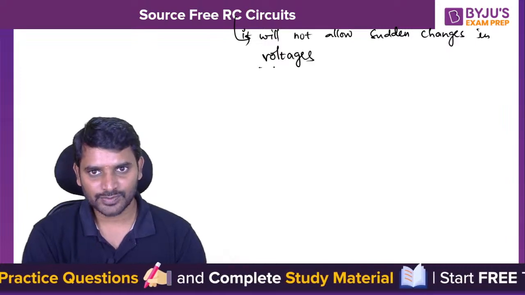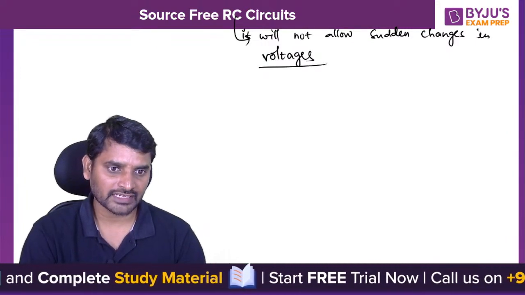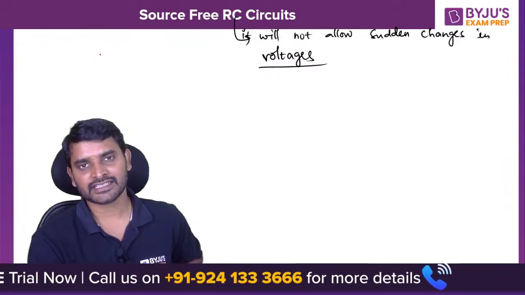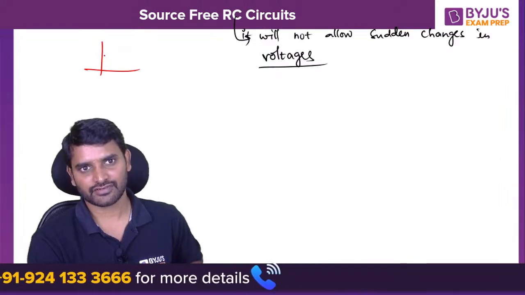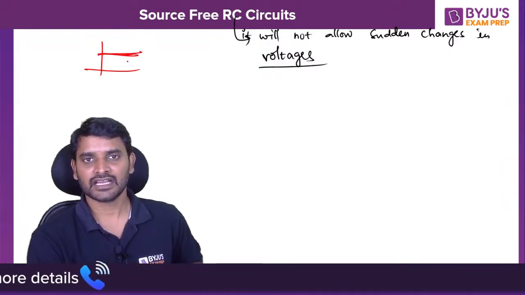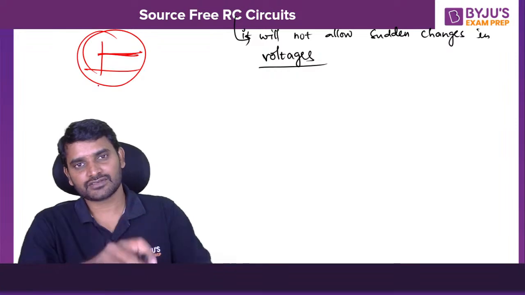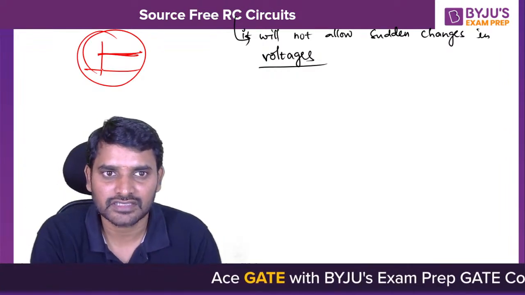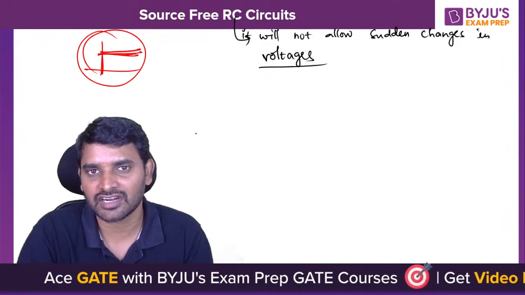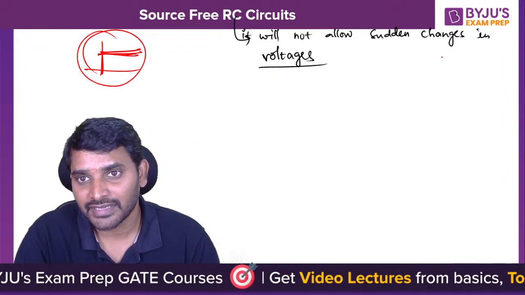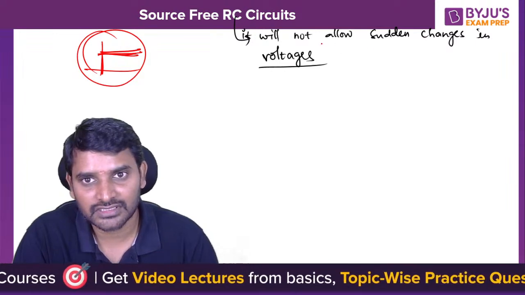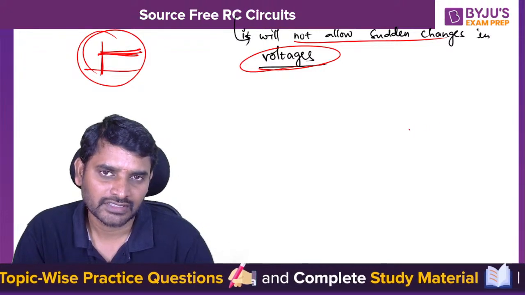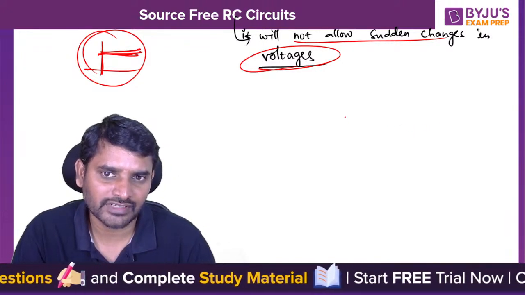Which means if you look at the DC source waveform, it will be like a step. But if you connect this DC source to the capacitor, the voltage waveform across the capacitor cannot be like a step signal, because it will not allow the sudden changes in voltage.